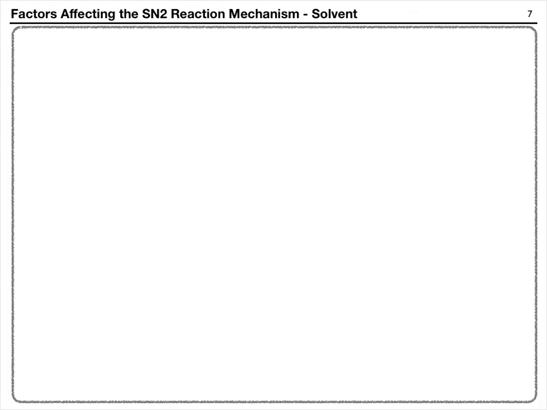So the next slide, what I want to do is talk about the nature of the solvent, because solvent does play a role in it. It does help you diagnose SN2 versus SN1. So let me just write some solvents down and explain why these particular solvents are used.